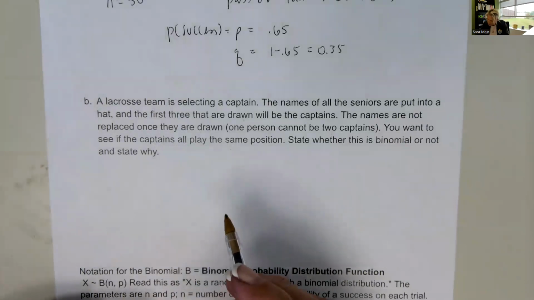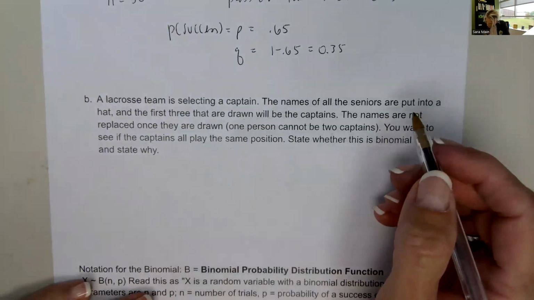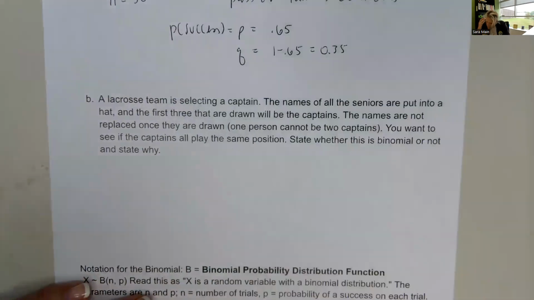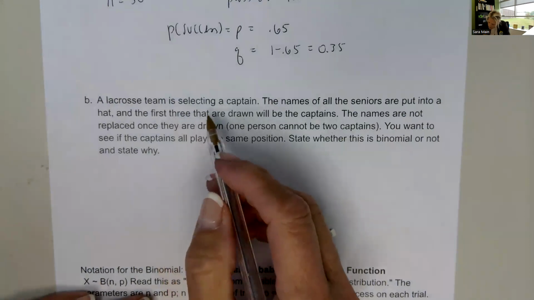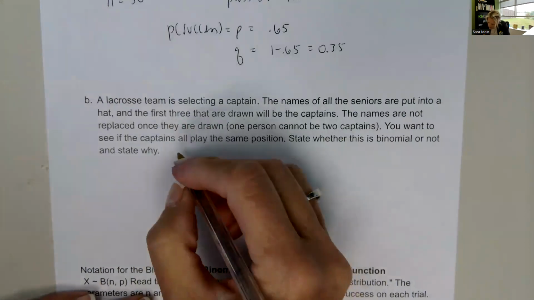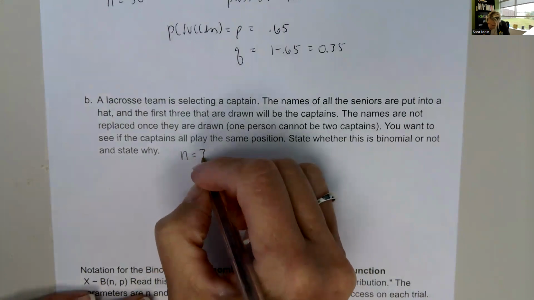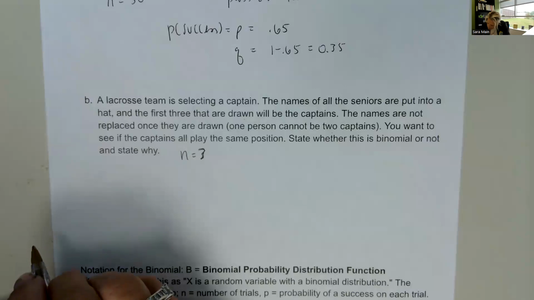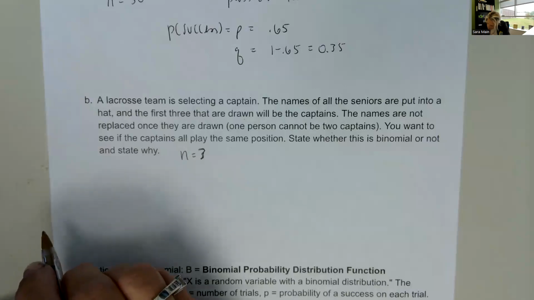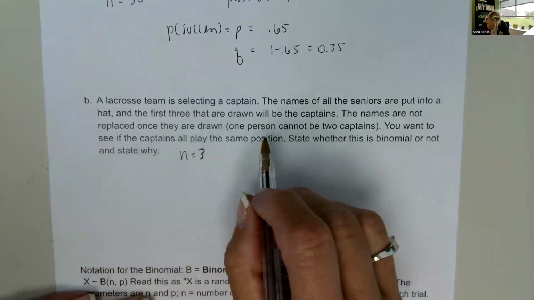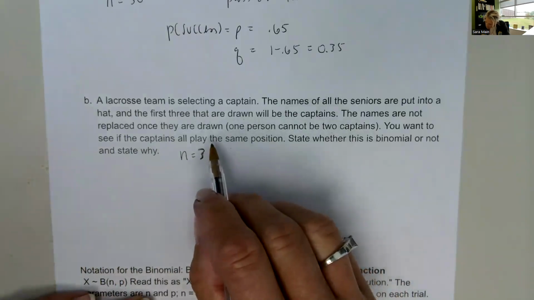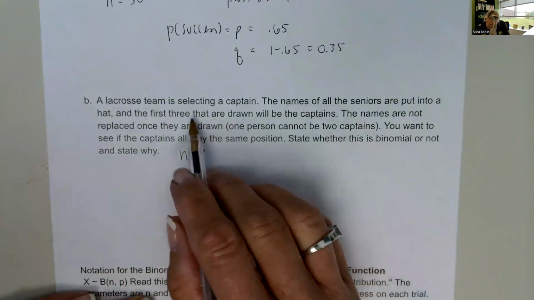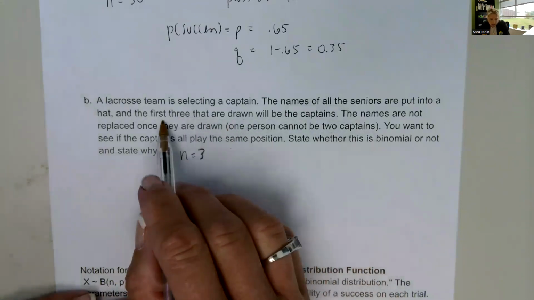Okay, so do we have a fixed N? Well, we're drawing 3. N is 3, we're drawing 3. Now, the probability is not going to be the same, because when we draw from the hat, it changes.